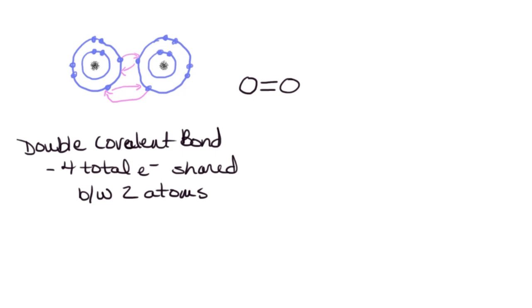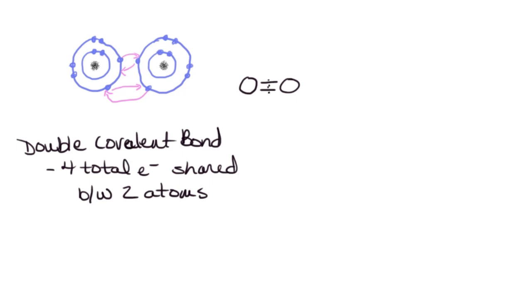And again, each line really represents 2 electrons. We could draw in a little tight squeeze here, but if we drew in those dots to represent the electrons with each one of those lines, you can see that that is 4 electrons that we're sharing between those 2 oxygen atoms.